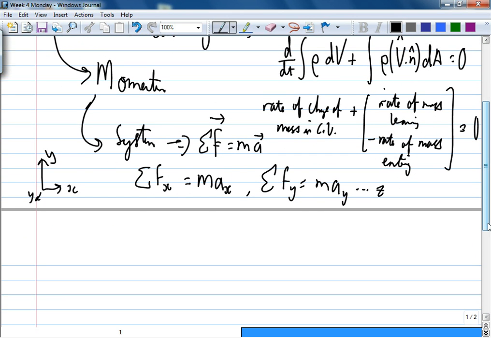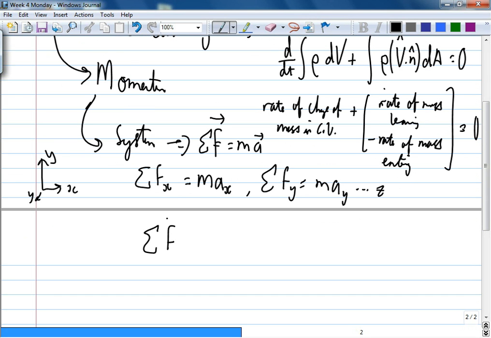So, for the control volume, I can say it more this way: this equals the rate of change of momentum in the control volume.